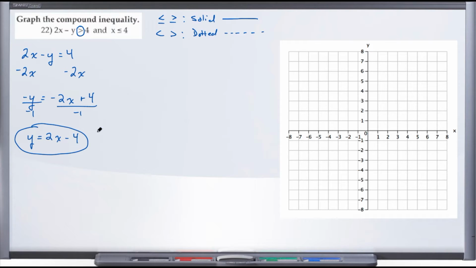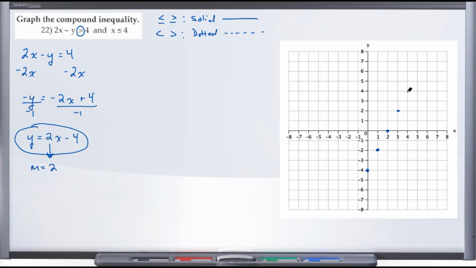So we are going to go to negative 4 on our y-intercept. And from that first point, our y-intercept, we're going to use our slope, which in this case is 2. We're going to go up 2 units and over 1 unit. Up 2 units, over 1 unit, up 2, over 1.